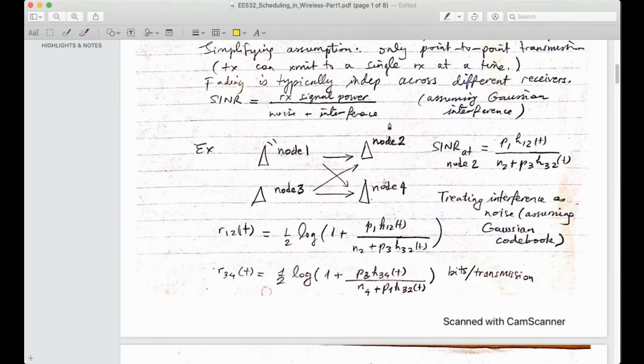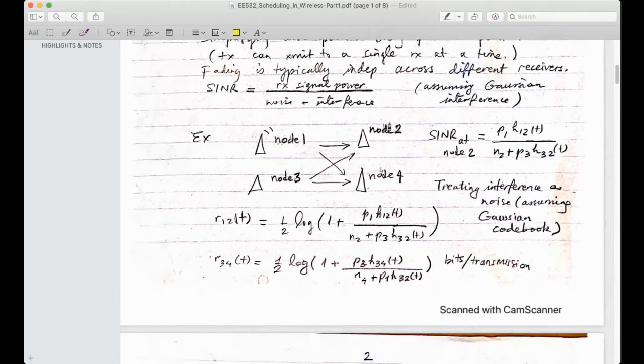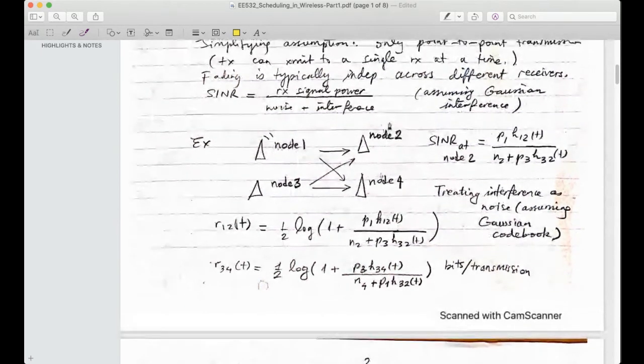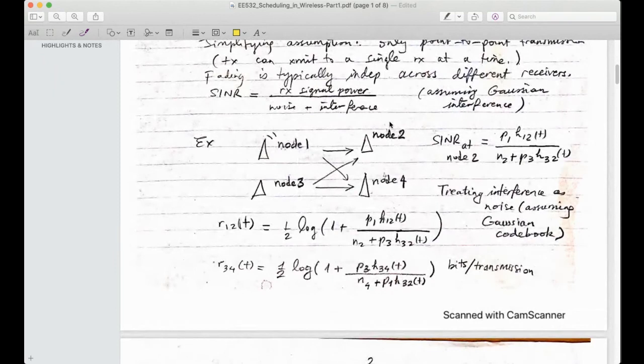Okay, so now when there are multiple transmissions that constitute interference on each other, it can be shown that if we are using Gaussian codebooks with Gaussian interference, you can, under some conditions, treat the other user's signal as noise.